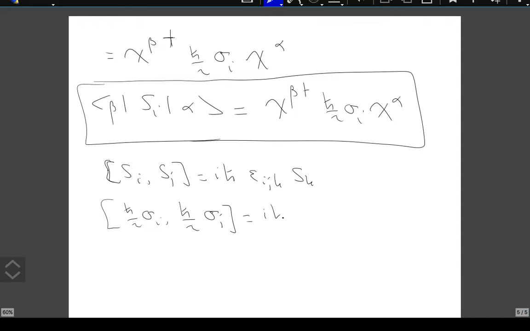This is equal to I h bar epsilon ijk sigma k over 2 h bar. So the h bars on the left cancel the h bars on the right. One of the twos on the left cancels the 1 over 2 on the right. So we obtain that the commutator of sigma I, sigma j is twice I epsilon ijk sigma k.